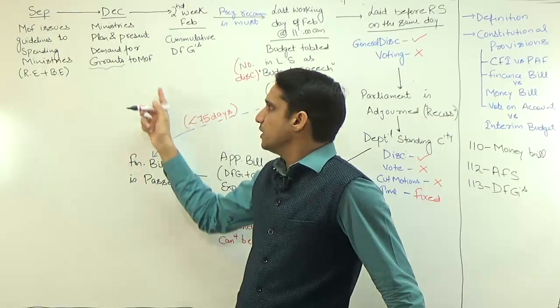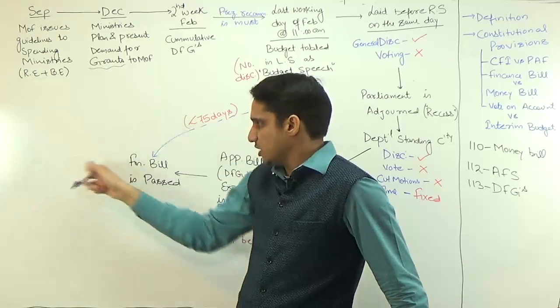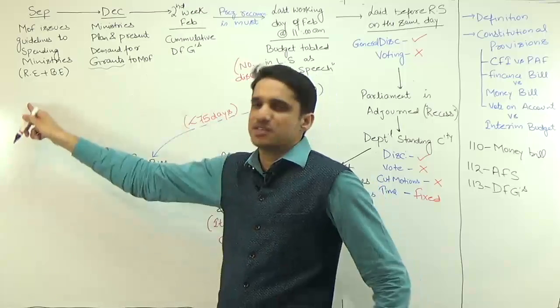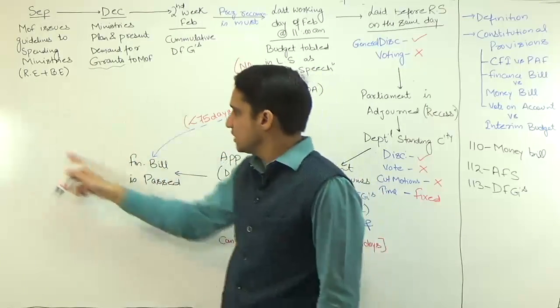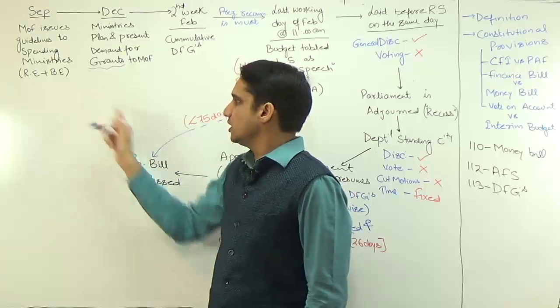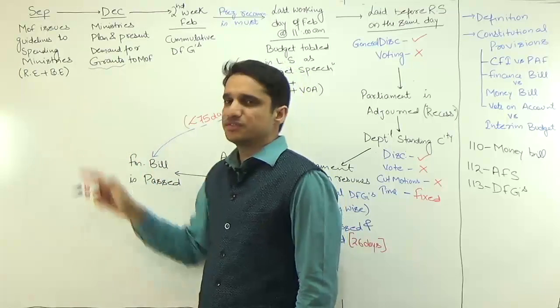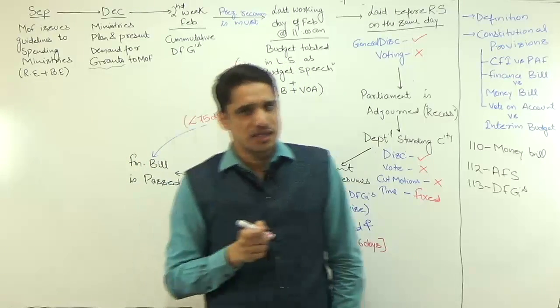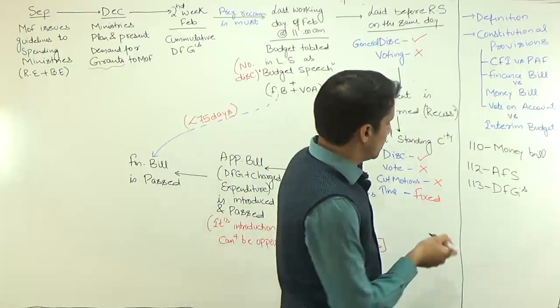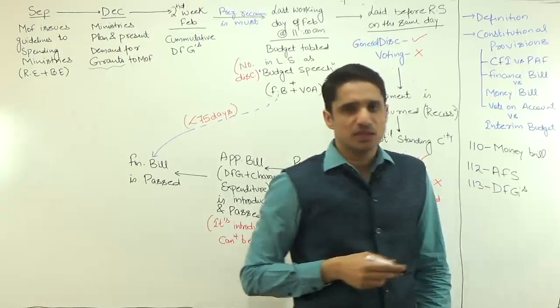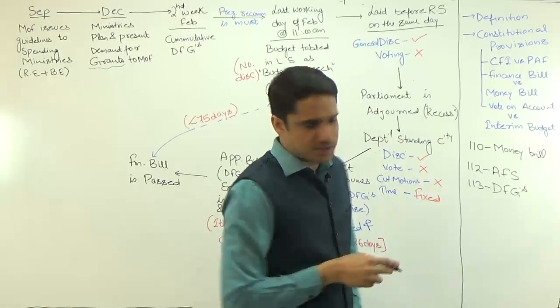Any spending ministry, all these ministries are known as spending ministries, will not return anything to the Ministry of Finance. That is why they are regarded as grants. So Article 113 is related to demand for grants.